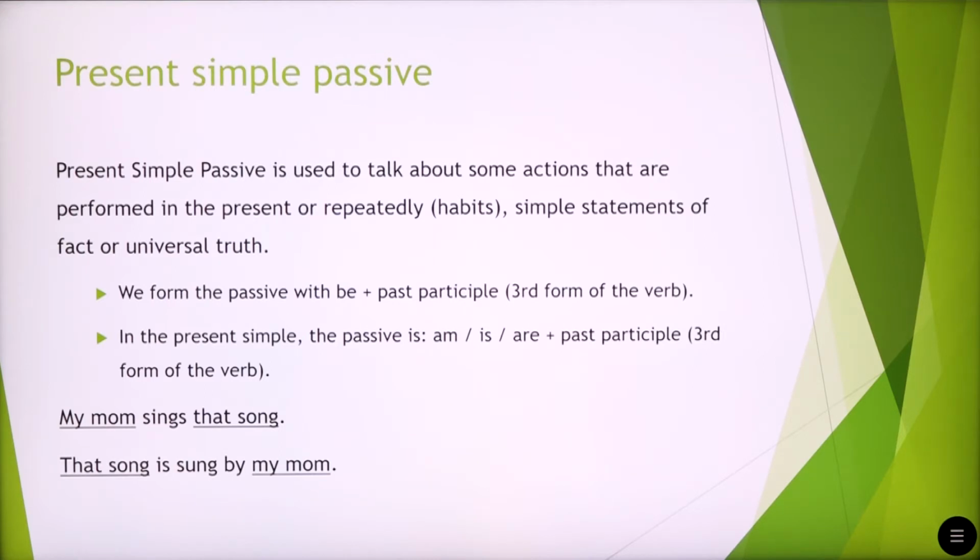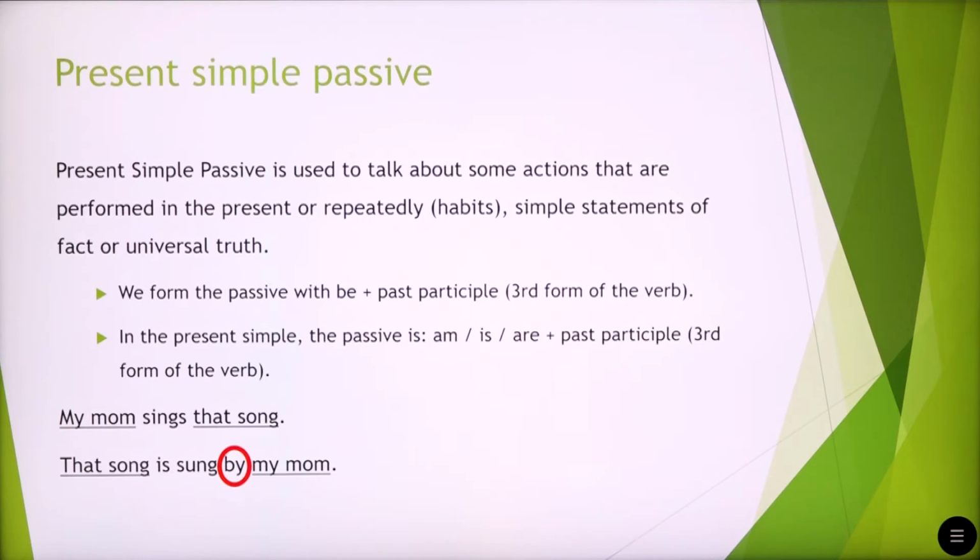So as we can see, now the object is at the end of the sentence and we're using the word by to refer to the agent. When it is important to know who does the action, we use by. So whenever we want to know the agent of the sentence, we use by.